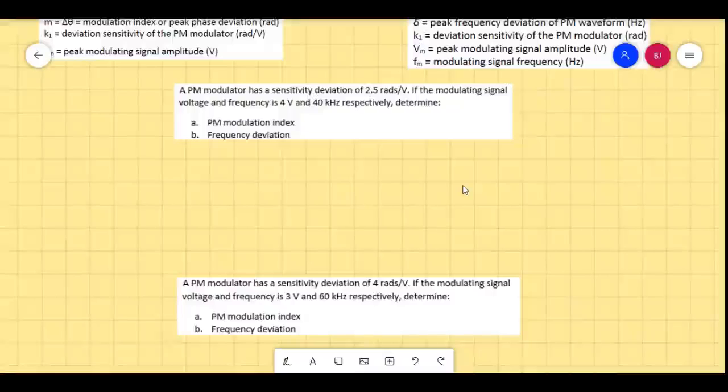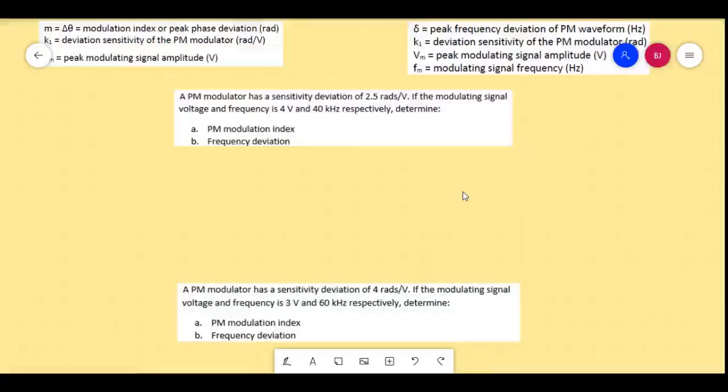We have a PM modulator that has a deviation sensitivity of 2.5 rads per volt, sorry, not radiation. If the modulating signal amplitude and frequency are 4 volts and 40 kilohertz respectively, we are to determine the PM modulation index and the frequency deviation.